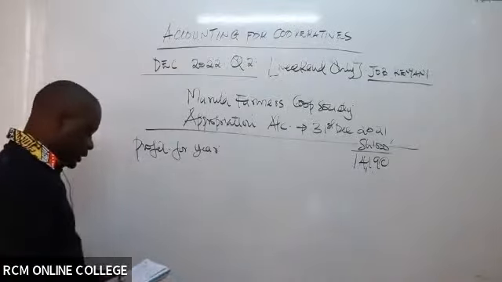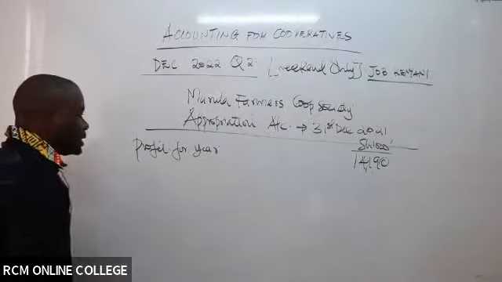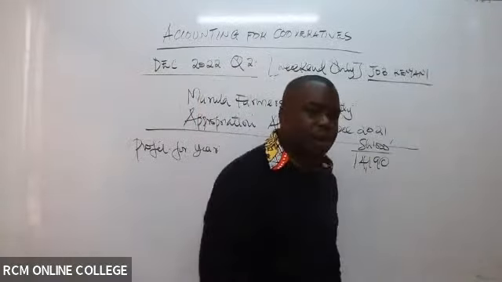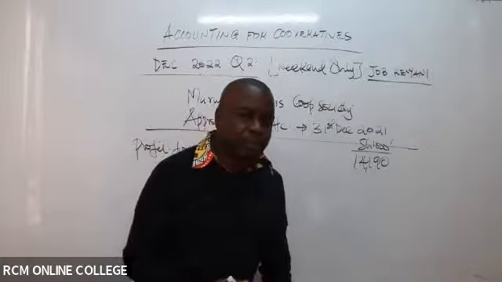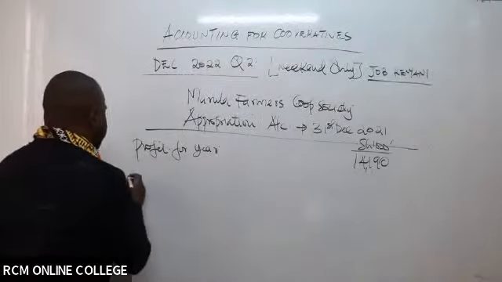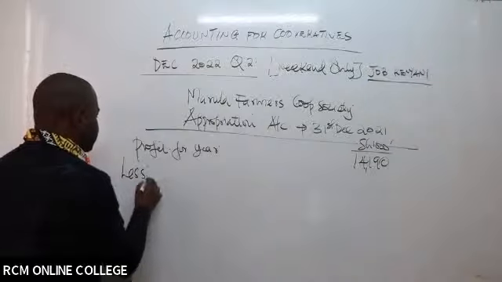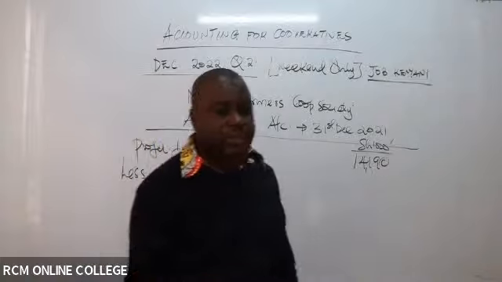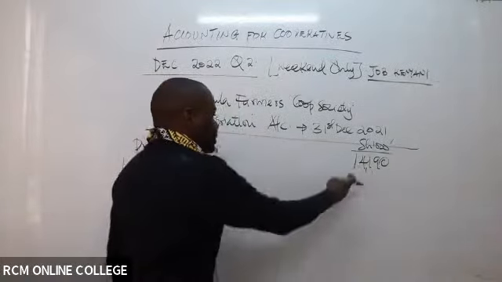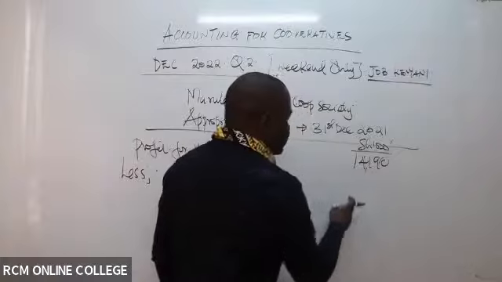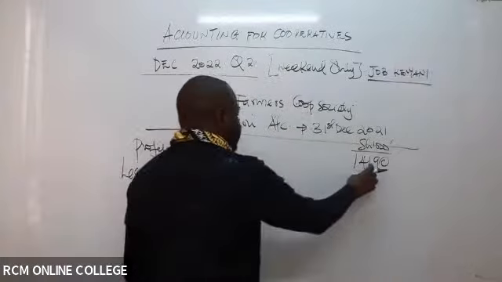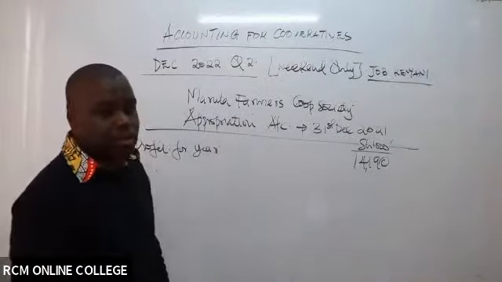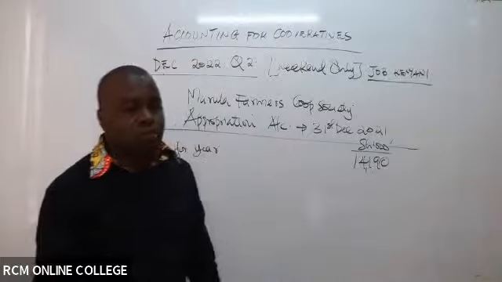Now this profit is the one we start the appropriation with. Remember, when explaining how you prepare the account, for this one you will less dividends, maybe. For example, SACCOs pay dividends, and you'll be able to less that dividend that is normally paid out, so it lessens the net profit by the year end. But in our question, there is no mention of dividends.